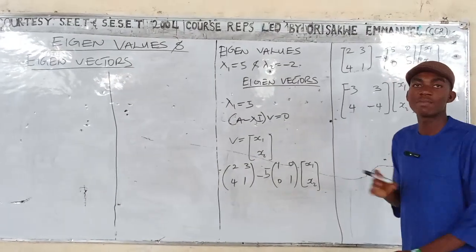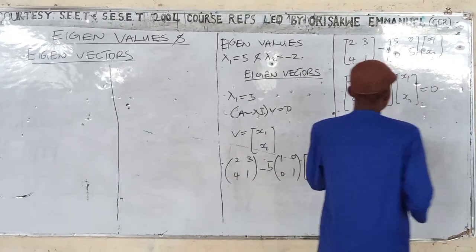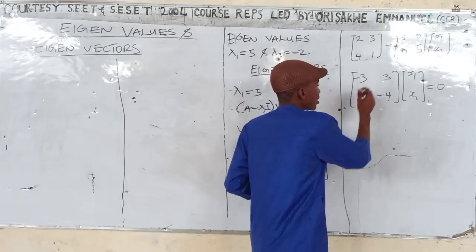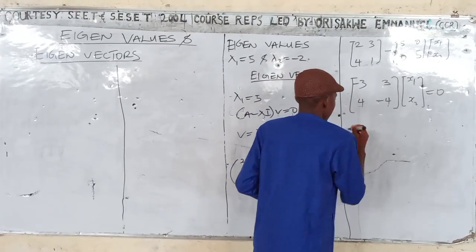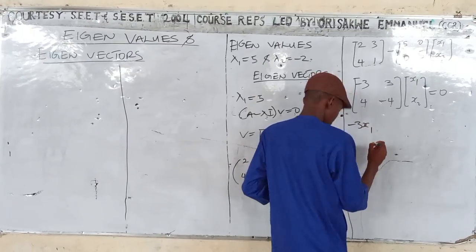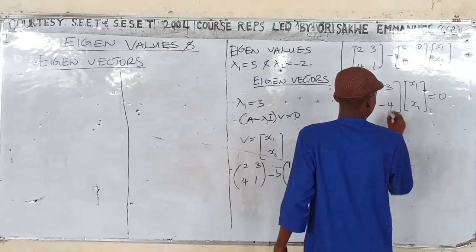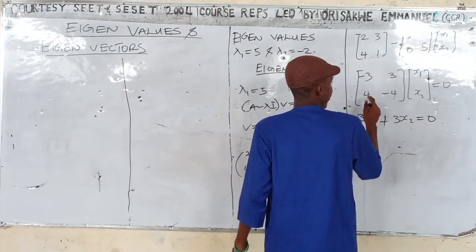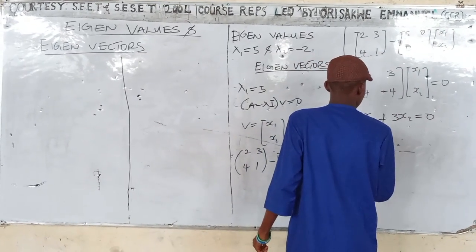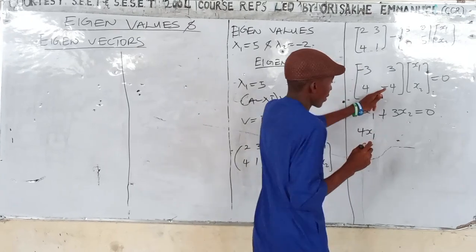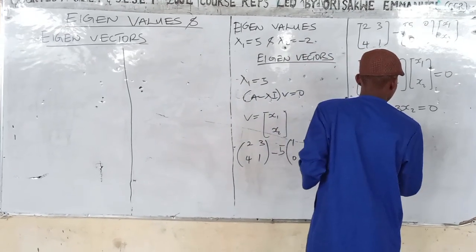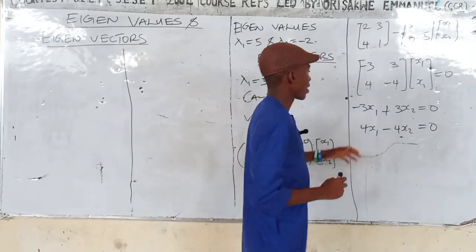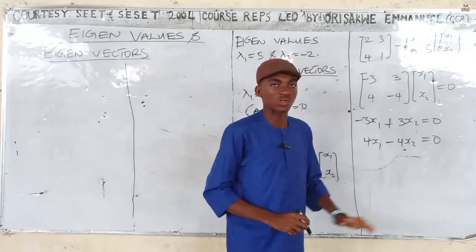Now let's derive our system of linear equations. This is a 2 by 2 matrix and a 2 by 1 matrix, so you multiply them row by column. So minus 3 times x1 is minus 3x1, plus 3 times x2, 3x2, equals 0. 4 times x1, 4x1, minus 4 times x2, minus 4x2, equals 0. This is our system of linear equations.